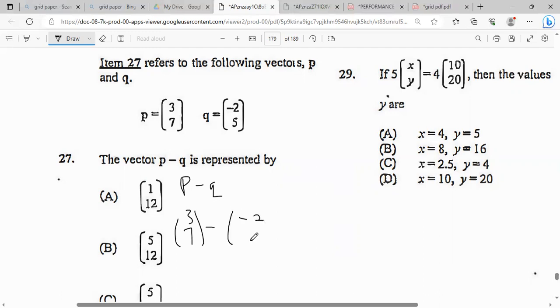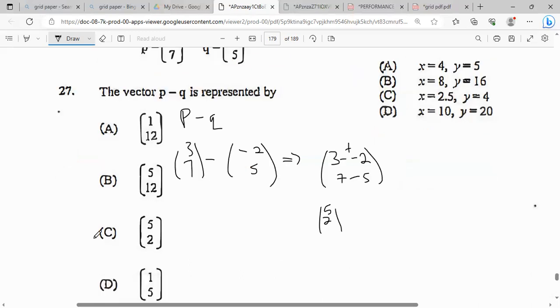Remember, the x matches with the x, so it's going to be 3 minus minus 2, and then we have 7 minus 5. So this now works out to a positive. So that will give us 5, 2. Let's go down and see if we can find that. Here we go. That would be C.